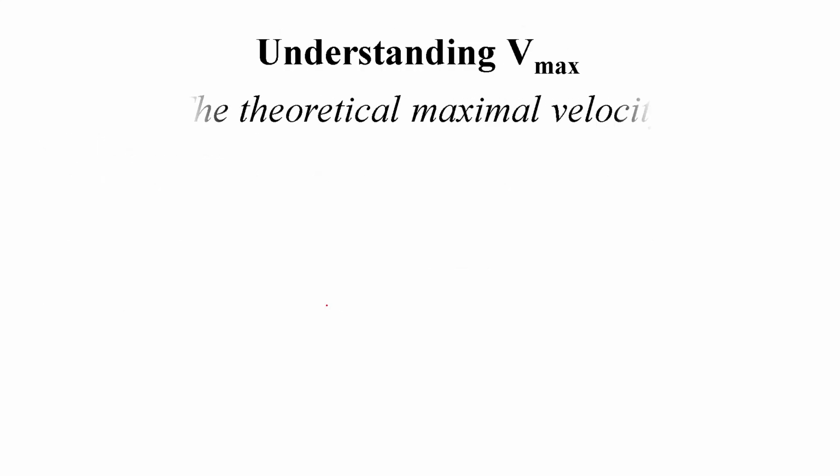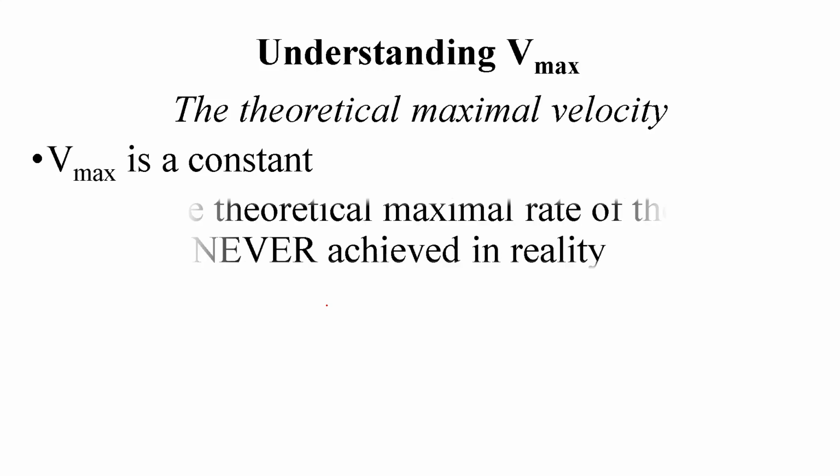Let's look at Vmax. We say it is the theoretical maximal velocity. Why we say it's theoretical is that in the real sense, it is not a constant. It is not a constant in the real sense, but we treat it as a constant because when you plot your graph, you find out that once the enzyme is saturated, Vmax does not increase significantly.